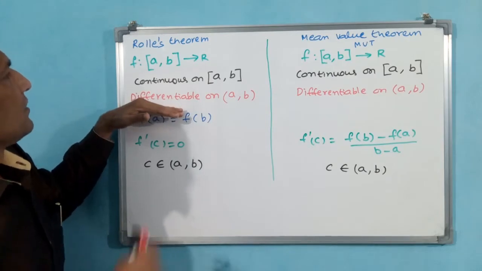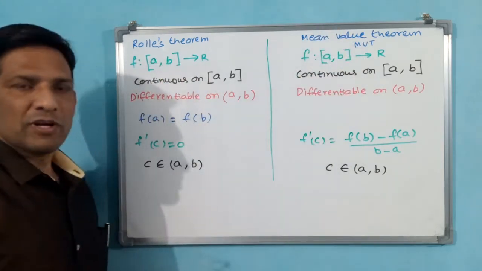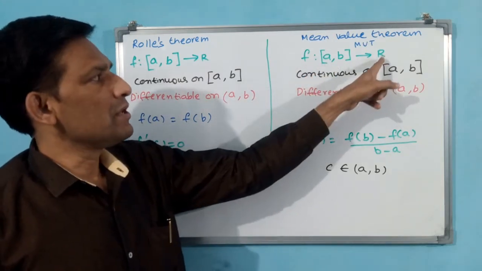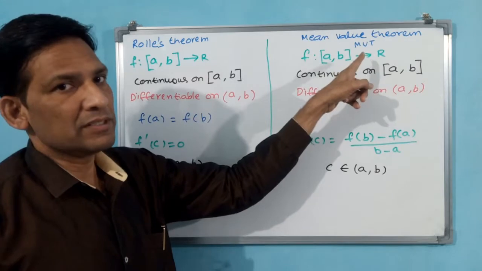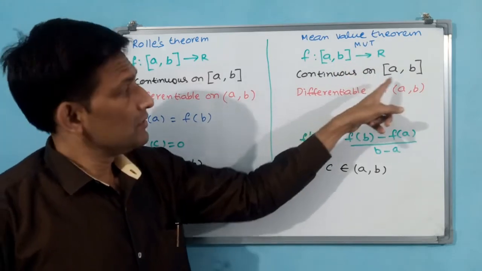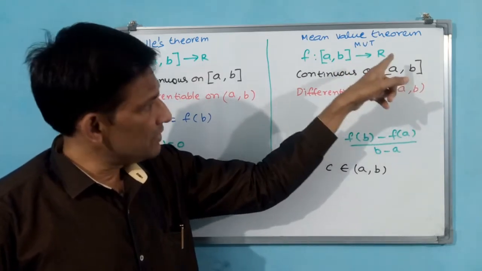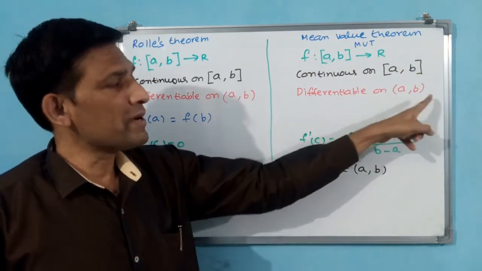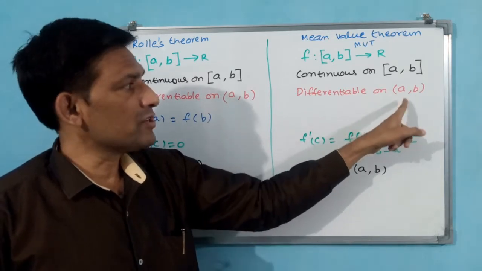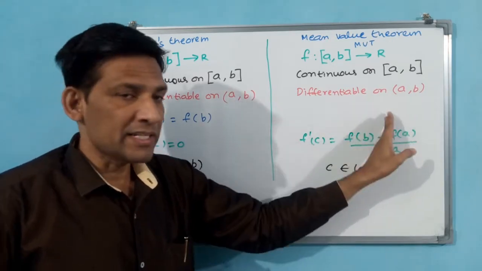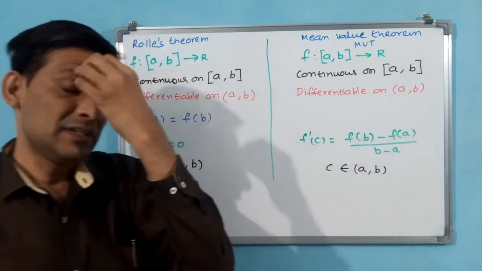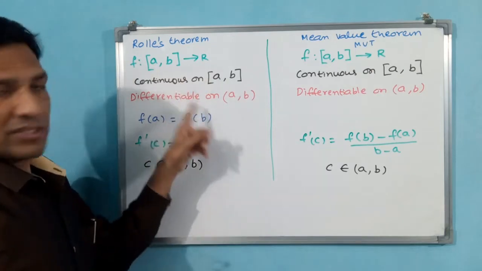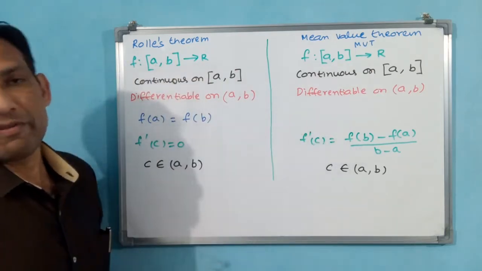Until here, these 3 conditions are there for mean value theorem also: function on a closed interval belonging to real numbers, real valued function; continuous on the closed interval, that means continuous at a and b both; but differentiable on the open interval (a, b), that means not differentiable at a and not at b, but greater than a and less than b it is differentiable. Until here, those 3 conditions are valid for Rolle's theorem and mean value theorem both.